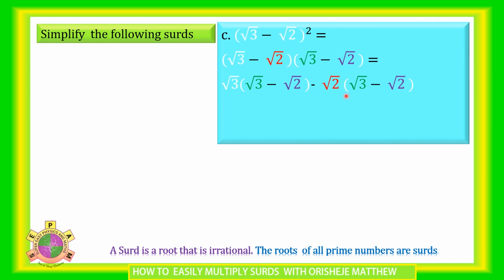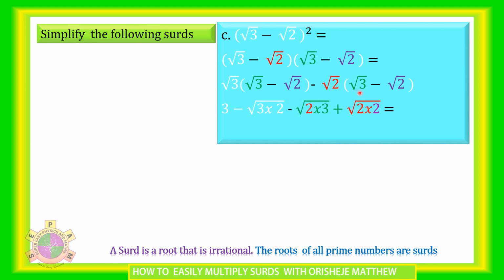So you multiply square root 3 by the bracket, square root 3 take away root 2. Let's multiply this first one. Root 3 multiplied by root 3 is the square root of 9, which is 3. Then square root of 2 multiplied by square root of 3 will be root 6.